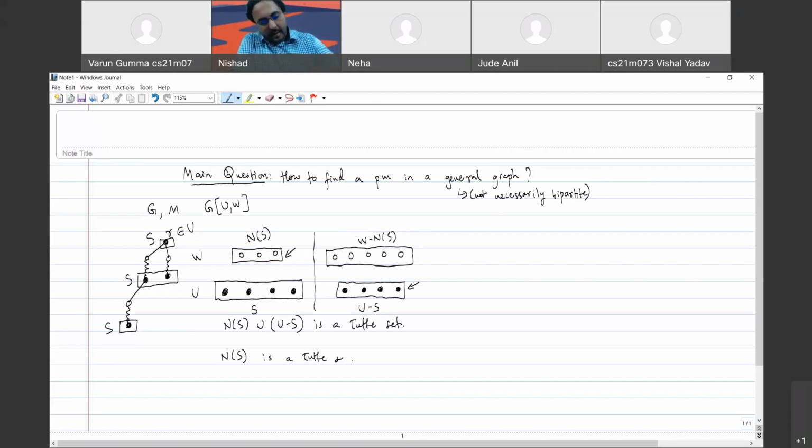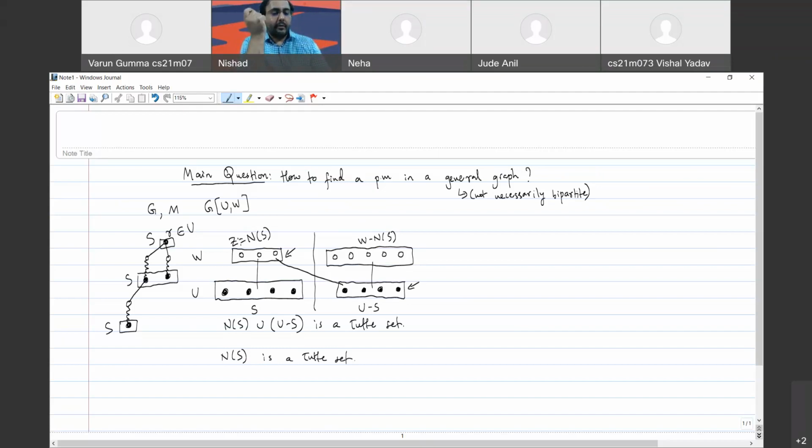Why? Where are all the edges? The edges go from the bottom left to top left, or from the bottom right to top right, or from the top left to the bottom right. In particular, there are no edges from the bottom left S to the top right W minus N(S), right? And observe that if you think of this as your set Z, so Z is the neighborhood of S. If you delete the vertices of Z, you will have all the vertices of S being isolated vertices in the resulting graph, right?